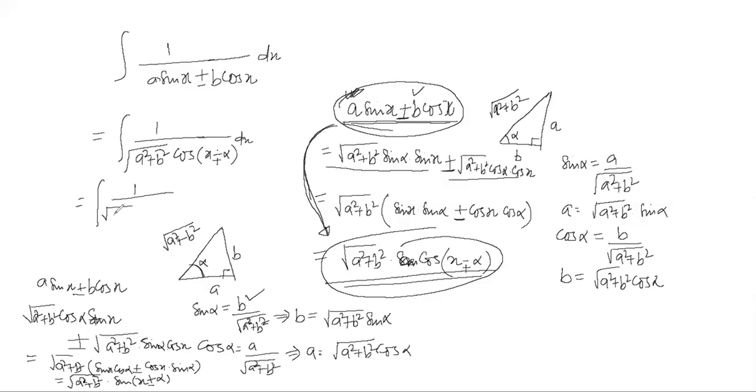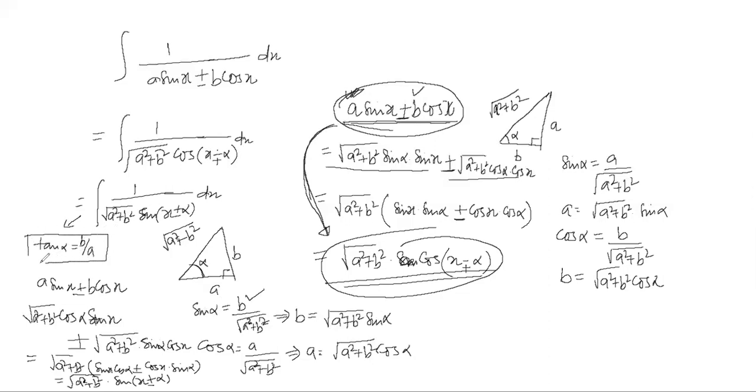That means we can also write a sin x plus or minus b cos x as root under a square plus b square into sin of x plus or minus alpha. Okay, got it? Now we have to find alpha. So from here, tan alpha will be sin alpha upon cos alpha, that would be b upon a.